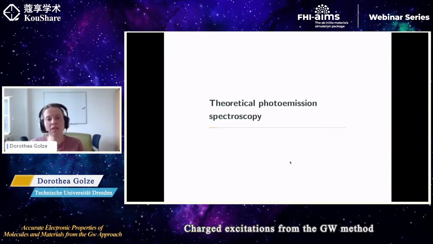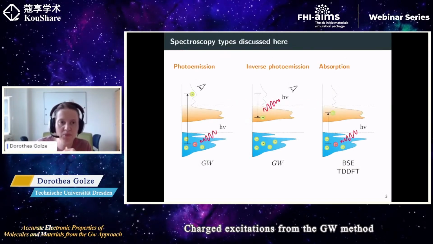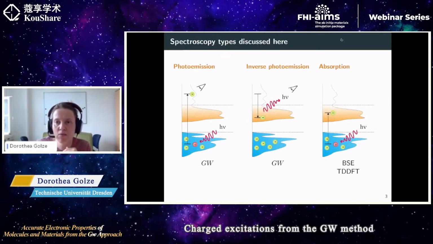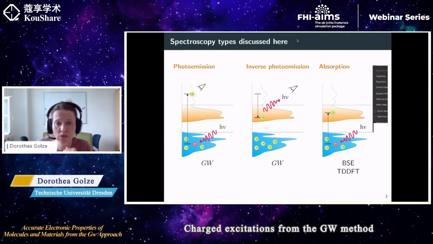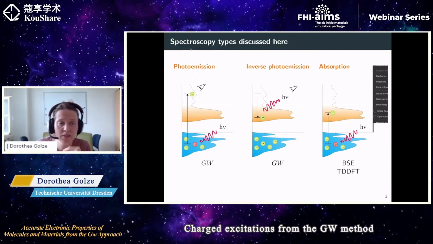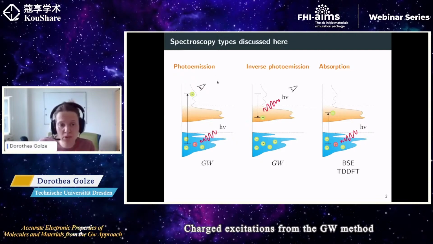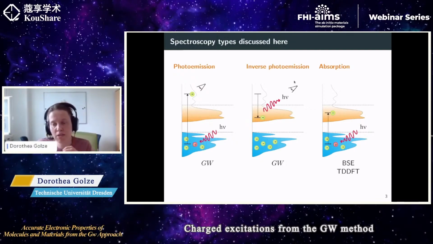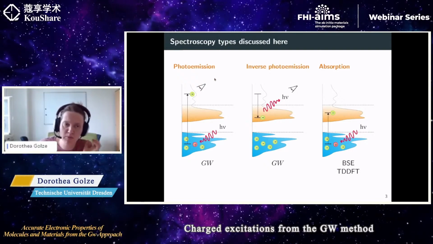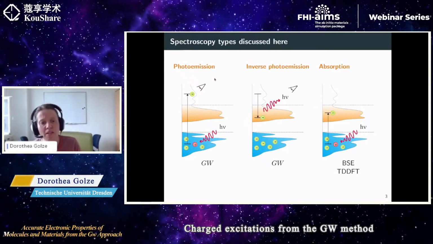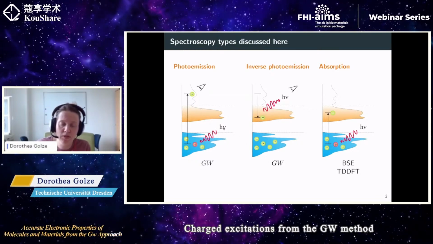Okay. So what is theoretical photoemission spectroscopy? I just want to clarify again what types of spectroscopy I want to discuss here. It's photoemission spectroscopy, inverse photoemission spectroscopy, and what I just want to touch on, not really explain, absorption spectroscopy. In photoemission spectroscopy, we irradiate our sample with light with a certain frequency nu.